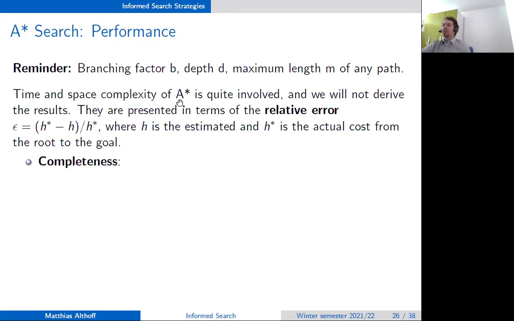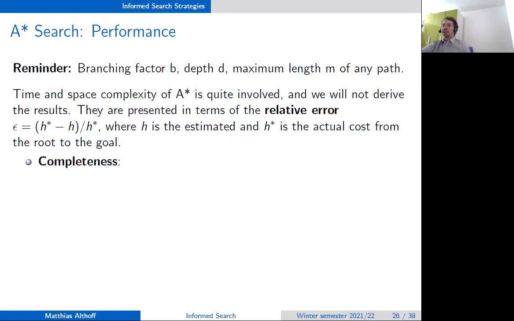So I will just present you the result in terms of the relative error, which is epsilon, and epsilon is defined as the optimal h, so the optimal heuristic minus h, divided by the optimal heuristic. And the optimal heuristic, of course, is the actual costs. So when the heuristic is very close to the optimal cost, this epsilon value will approach 0.